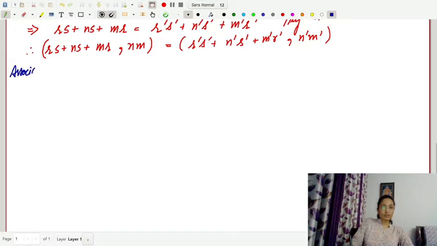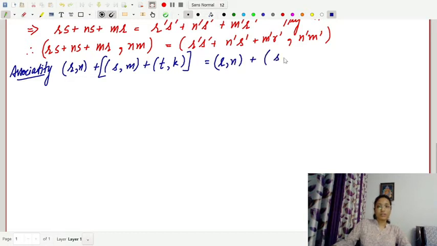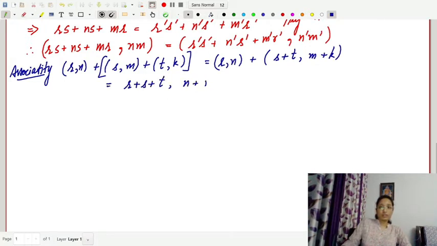Associativity. ((r, n) plus (s, m)) plus (t, k) is equal to (r plus s plus t, n plus m plus k). Now R is a ring, so the elements of R follow associativity under addition, which in turn implies (r plus s) plus t, n plus m.